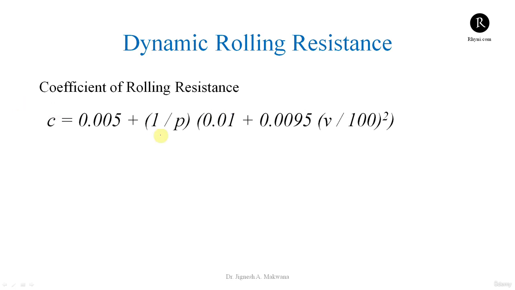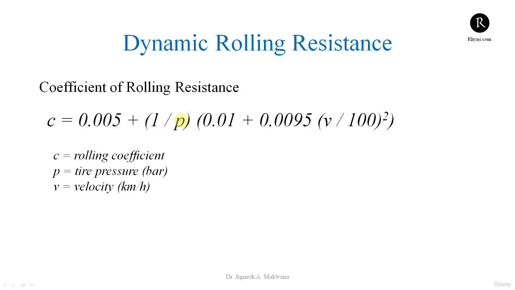With this simple equation we can calculate the new coefficient which depends upon the pressure and speed. Tire pressure is in bar in this equation and velocity in kilometer per hour. So if we put these two values, then we can find the value of the rolling resistance coefficient. I will share the link in the description for the reference from where I took this equation.